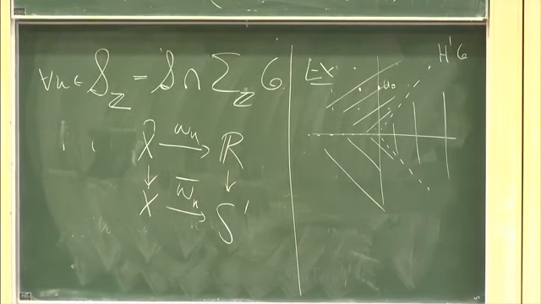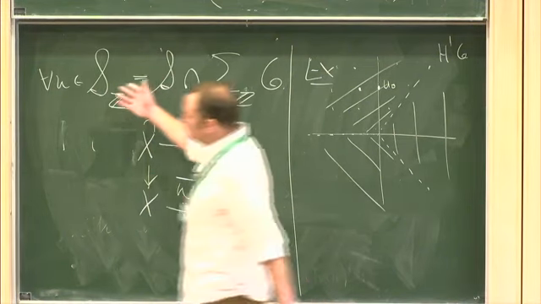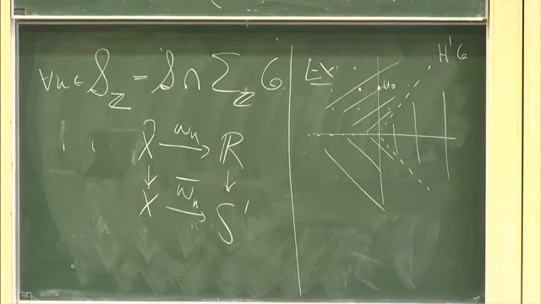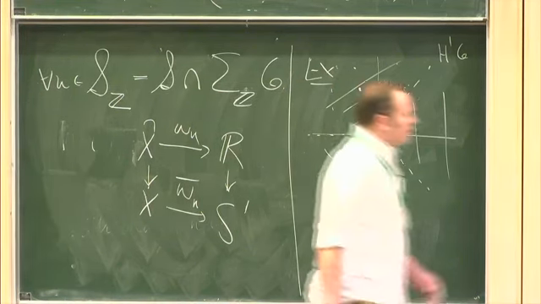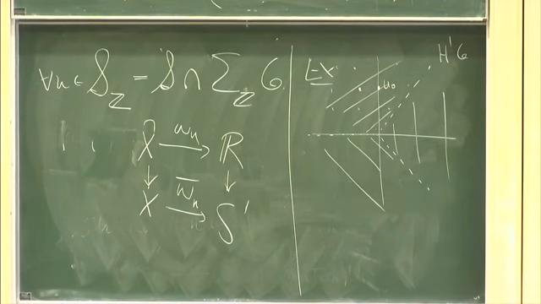Okay. There are other descriptions of this cone S. Here I described it as all the cohomology classes that can be represented by these flow regular one-forms.